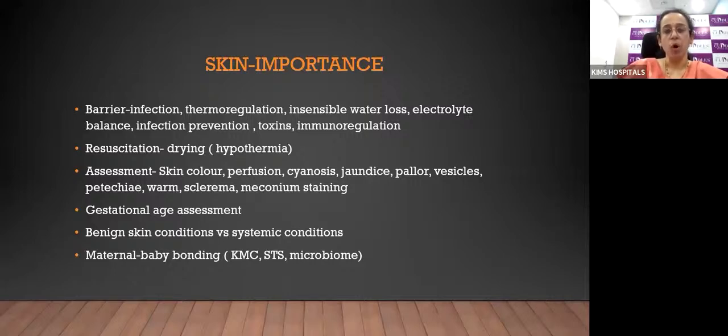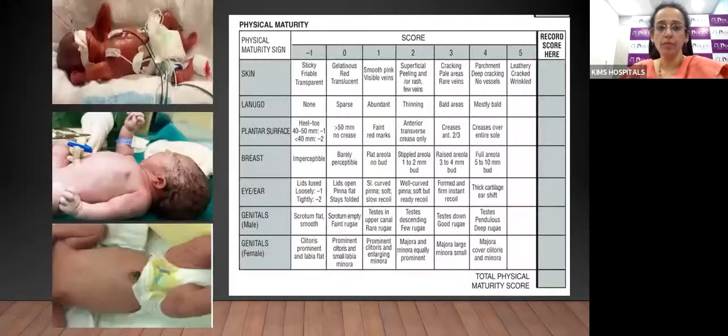The maternal-baby bonding or the skin-to-skin which we give during KMC or STS also helps in transferring the important microbiome and helps the baby to achieve good microbiota and also helps in fighting off infections through the transfer of immunity through the mother's breast milk.